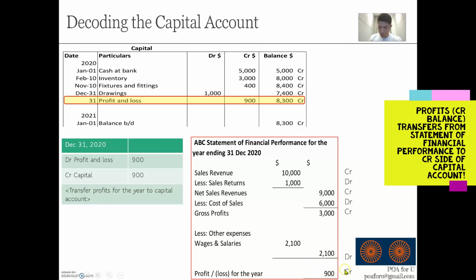Now to close this off, you debit this account to close off this 900, but transfer this 900 into the credit side of the capital account. So essentially what you've done is transfer this credit balance from the statement of financial performance into the credit side of the profit and loss, and that's what it means.